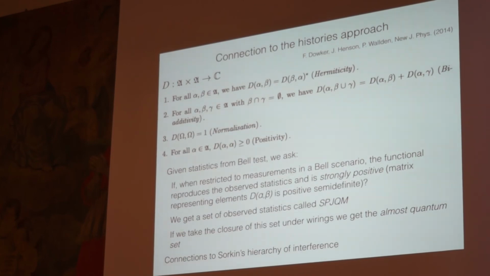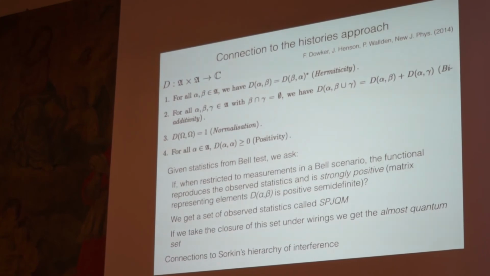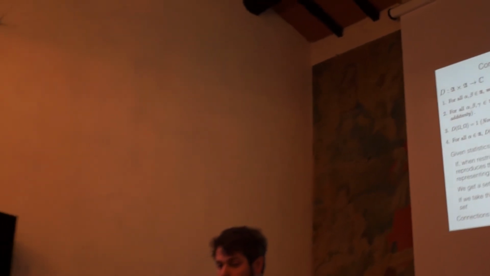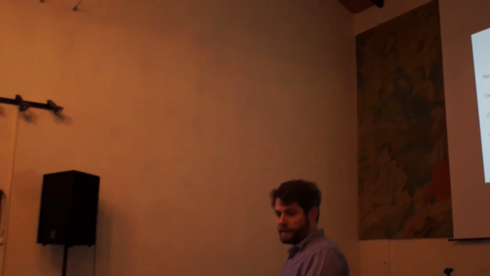Then when we take this set and take the closure of this set under wirings, we get exactly the almost quantum set again. So starting from a very different motivation, one line of research converges upon another. So I quite like this, and it's got nice connections to this hierarchy of interference that Sorkin has talked about.